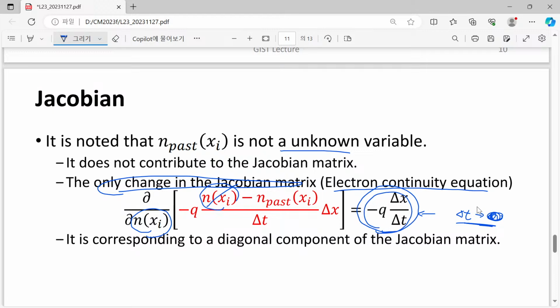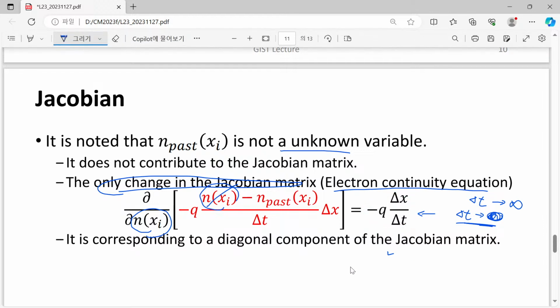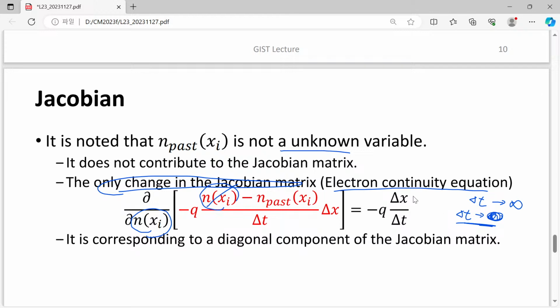And if we go to delta t equal to infinitely large, then this term does not contribute much, and it corresponds to the quasi-stationary or quasi-static case. And you know that this component is usually assigned to a diagonal component, so it is always good to have this time derivative term.